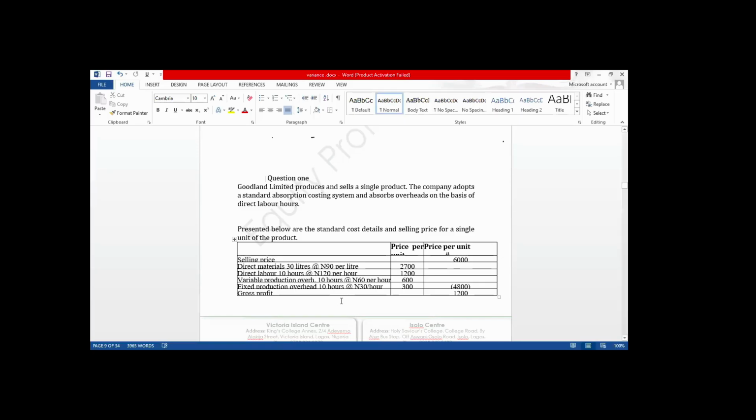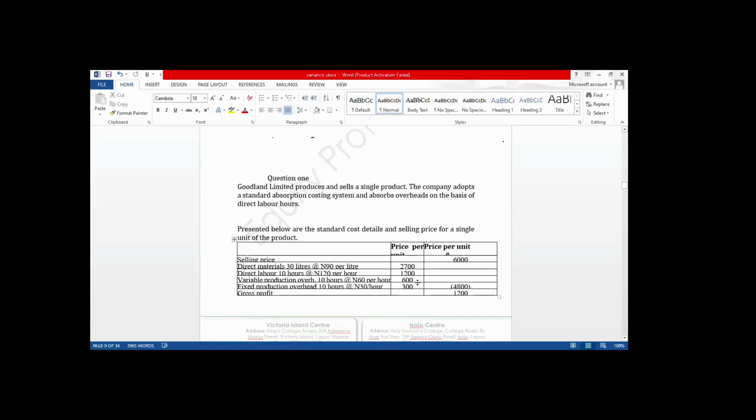Every information here is your standard. Standard selling price, standard material cost, standard labor cost, standard variable overhead cost, standard fixed overhead cost. If you sum these four together, 2,700 plus 1,200 plus 600 plus 300, that gives you 4,800.